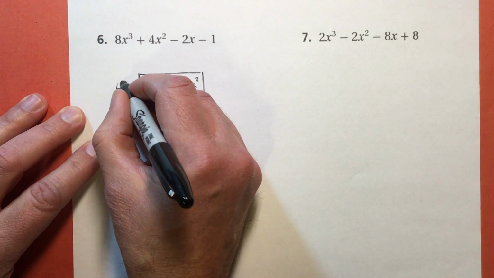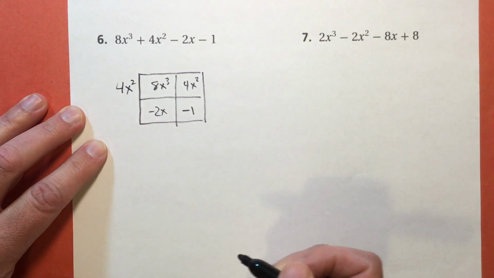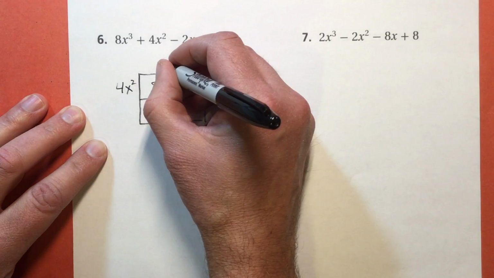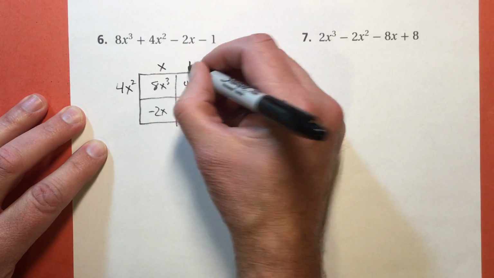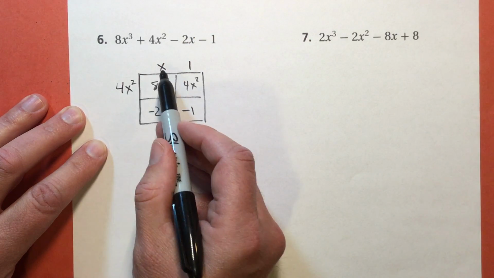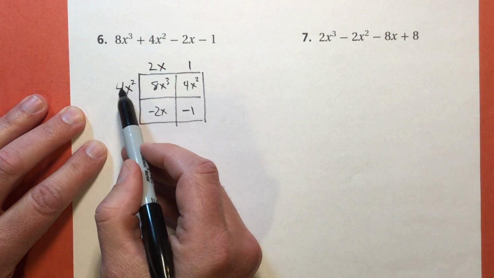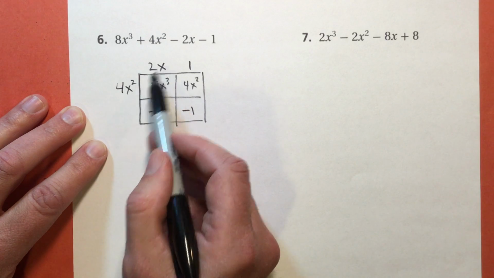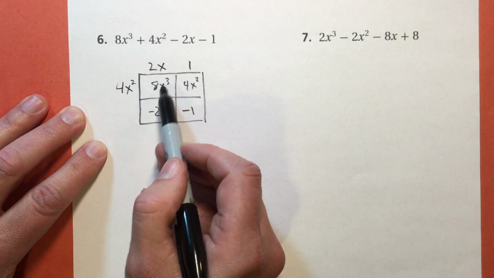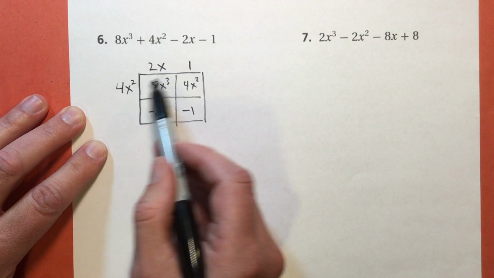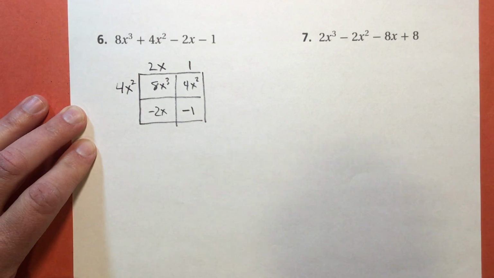The common factor is 4x squared. That leaves the other x and a 1. 4x squared times 2x. Good thing I caught that. 4 times 2 is 8, and x squared times x is x cubed. 4x squared times 1 is 4x squared. So I'm remultiplying to check it.